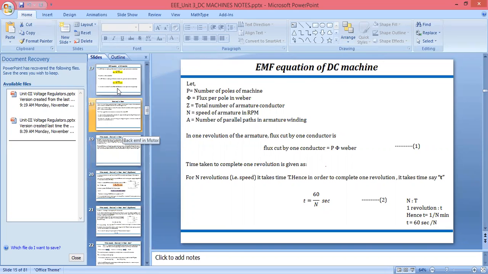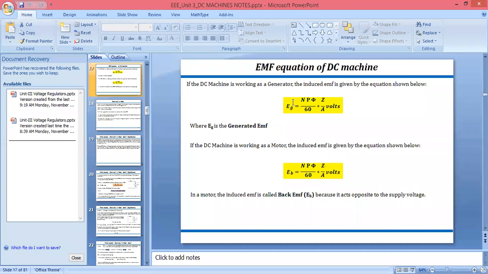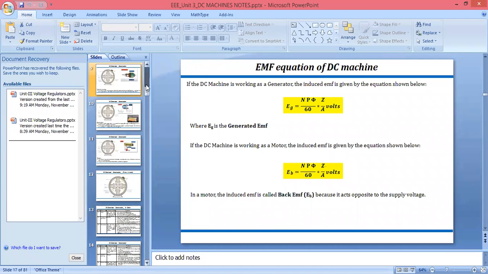We know EMF will get induced according to the Fleming right hand rule, which gives us the direction of current, and according to Faraday's law, because we have seen the construction of the DC motor.